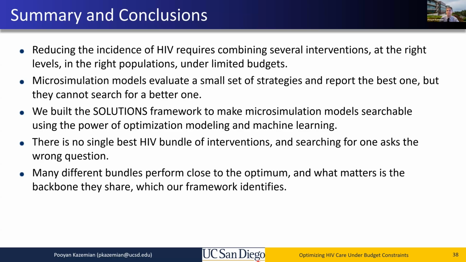There is no single best HIV bundle of interventions, and searching for one asks the wrong question. Many different bundles perform close to the optimum, and what matters is the backbone they share, namely the robust and the flexible parts of the bundle, which our framework helps to identify.